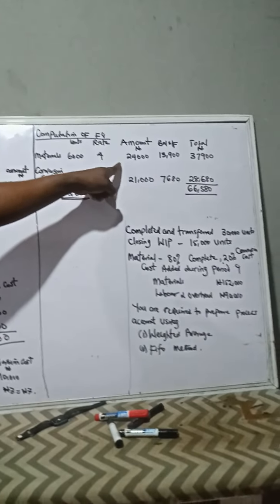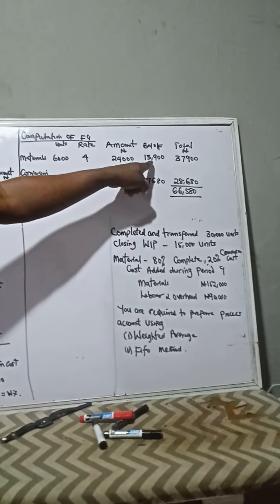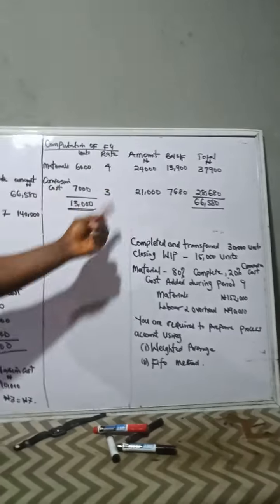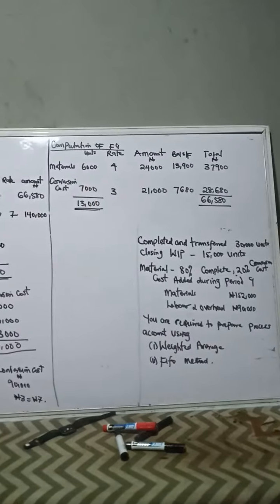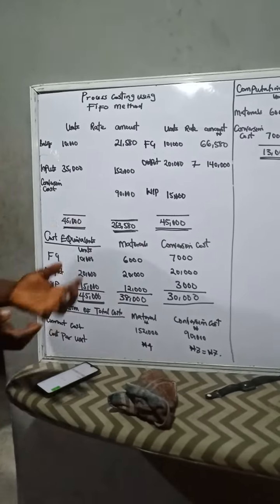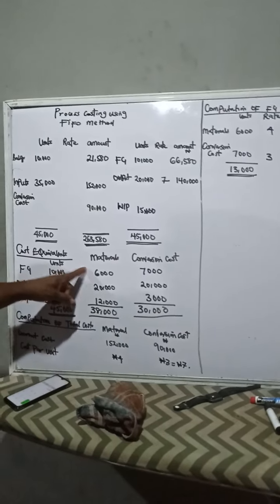Now let me explain that part. What I did there is that this one you see here is for the 60% that is remaining, while this one you see here is the 40% that has already been completed. So 60% completion plus 40% gives what? 100%, because it is finished goods. But of the finished goods, only 40% had been completed, so 60% remains.